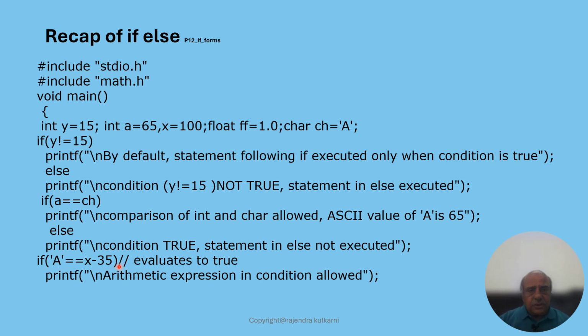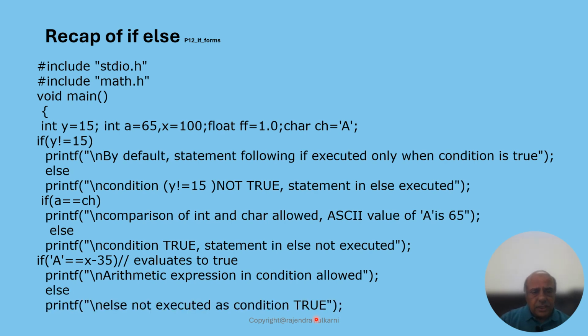Since x minus 35, 100 minus 35, equals 65, and that is equal to the ASCII value of A, this if condition turns out to be true, and printf "arithmetic expression in condition allowed" will be the output for this if. This else will not be executed.